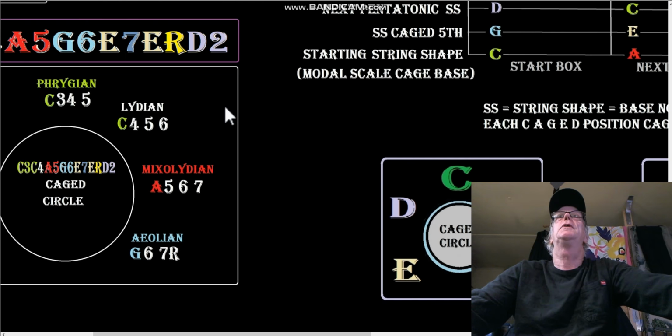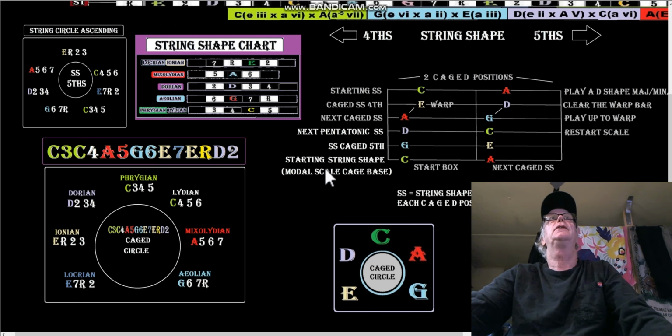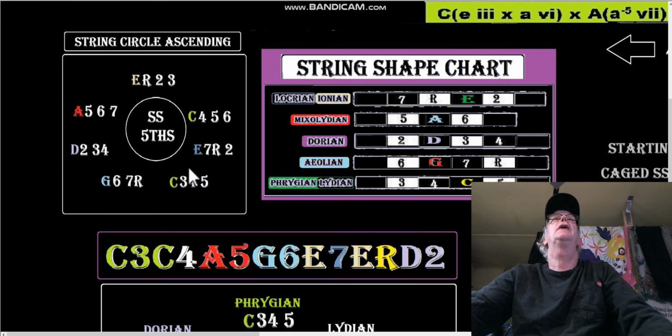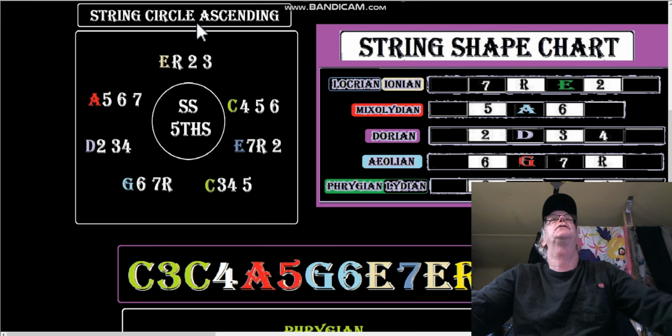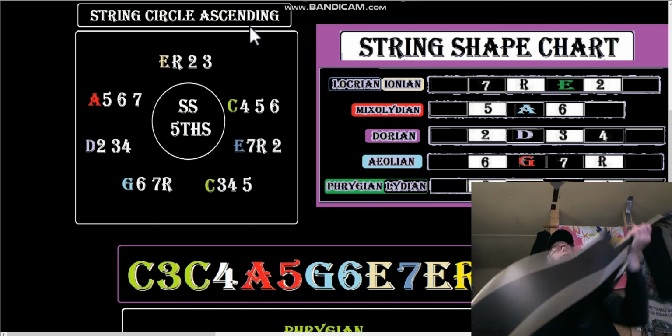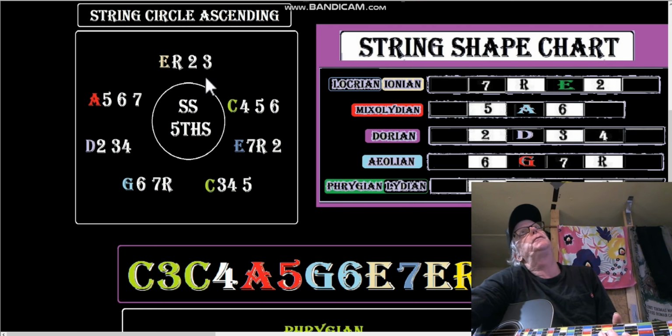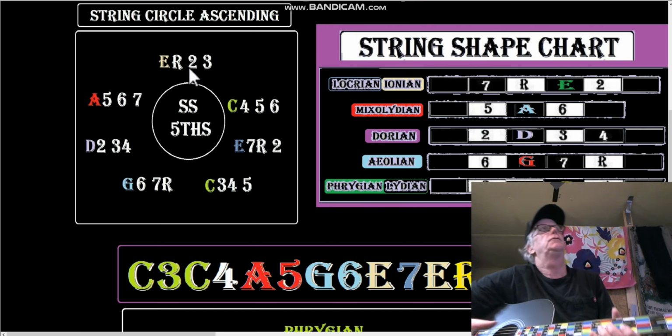Okay, and then if we want to look at fifths, we do have this. We have the string circle ascending. When we're going up the strings, we're going in fifths. So no matter where we start on this circle, if we treat each one of these members of the circle as a string, start on the E root 2/3.